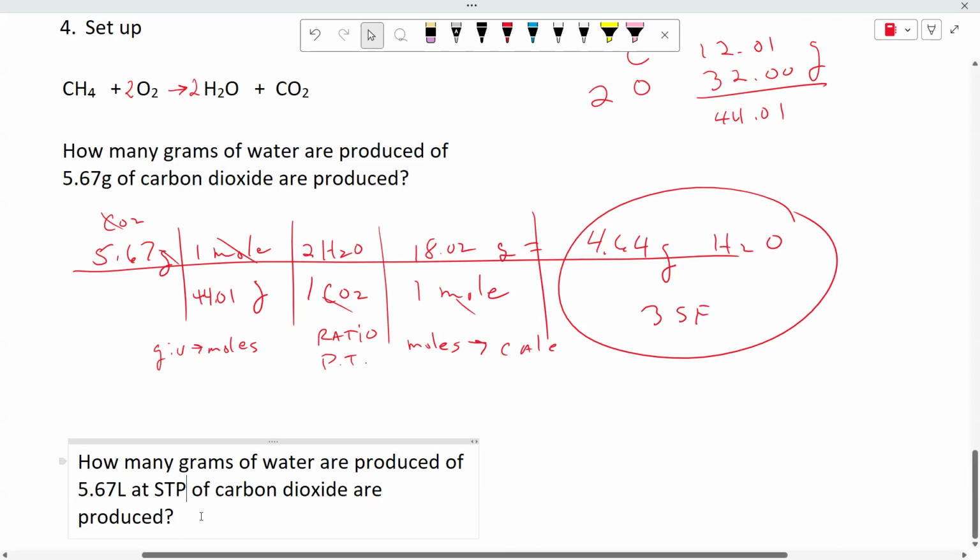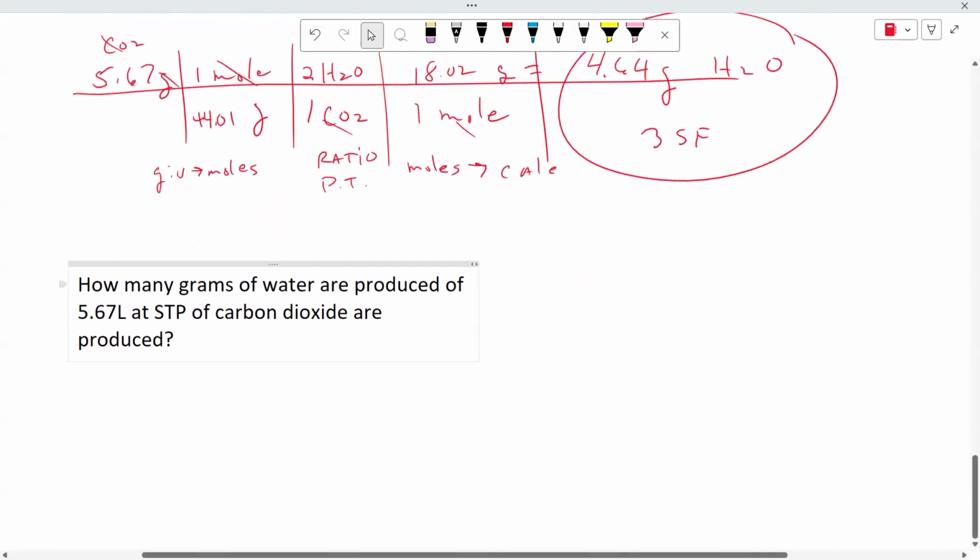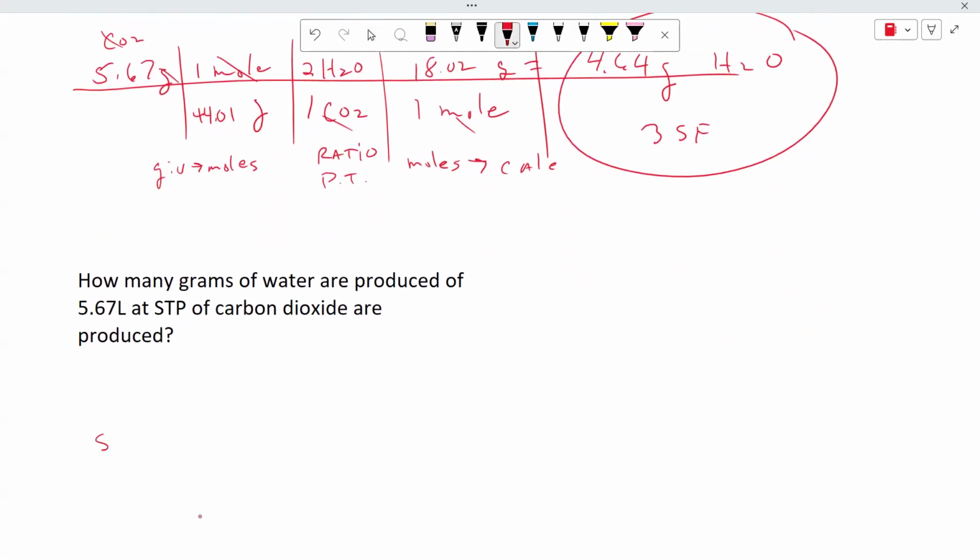Okay, so I changed it to working with gaseous carbon dioxide now, which is more realistic because this reaction, as you know, burning methane, which is the natural gas out of the wall, produces a lot of heat. So it's probably going to be in a gaseous form. All right, so same balanced equation up here. So now we're starting with gaseous liters.